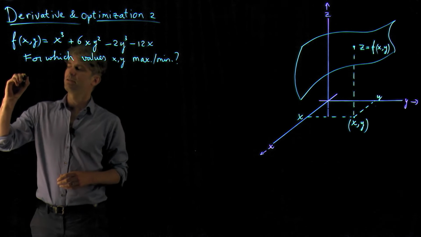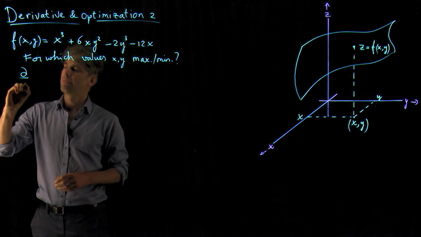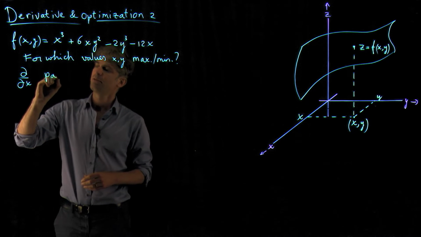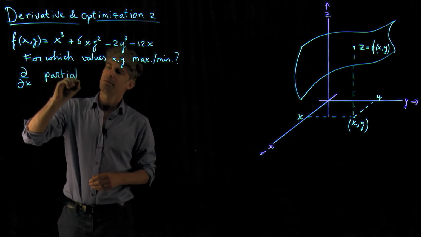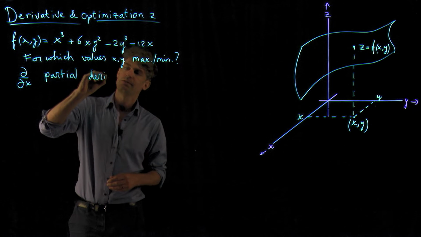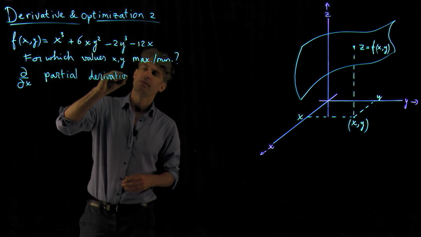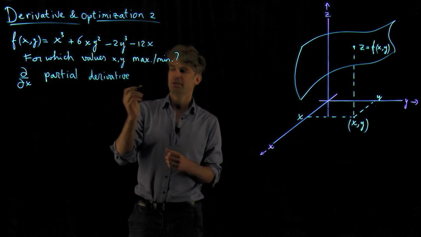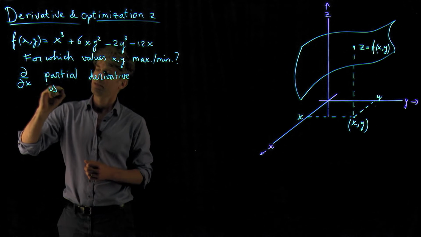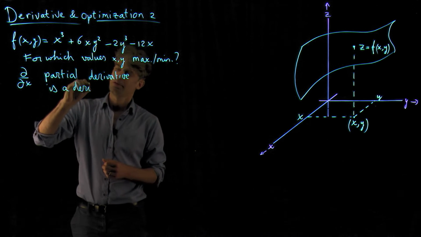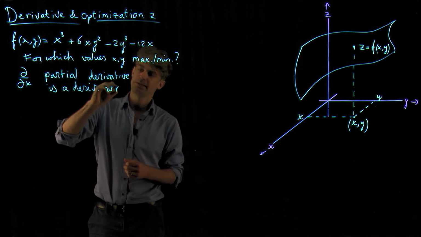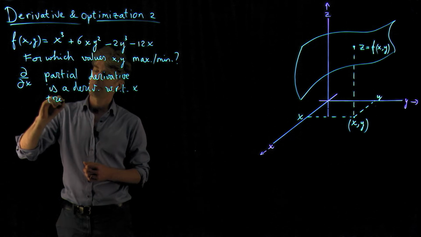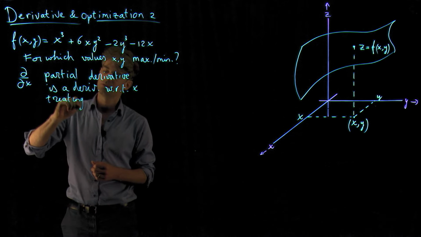So if I look at the partial derivative with respect to x, it is a derivative with respect to x, treating y as a constant.